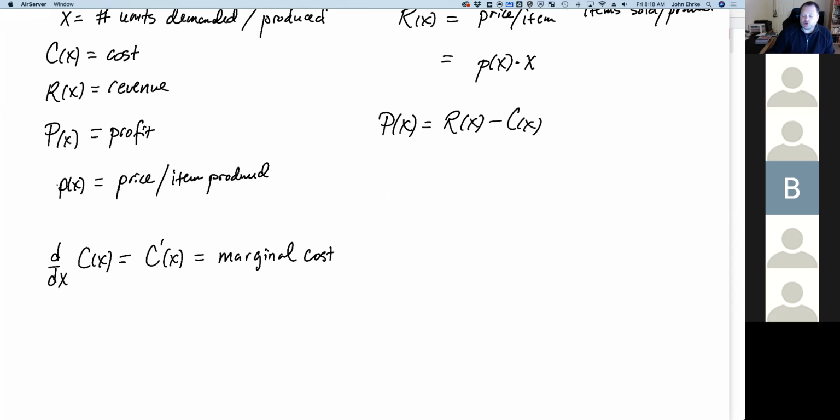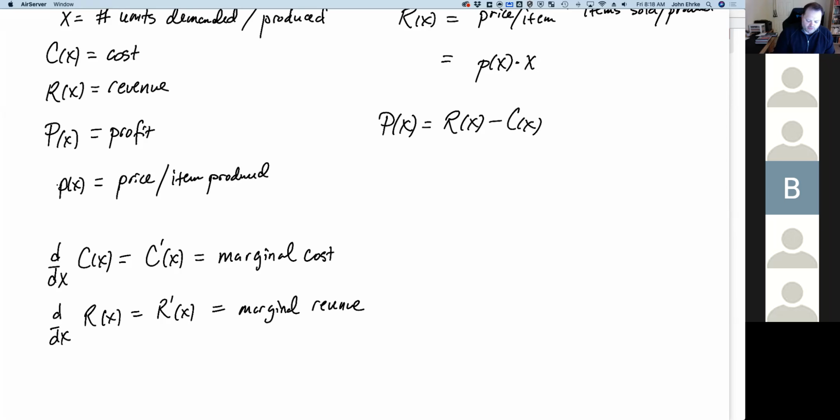That's not to say we couldn't do a problem where the cost of something did depend on time. That's perfectly valid and actually happens in the real world. But more often than not, quantities like cost, revenue, profit depend on production values or demand values. They don't necessarily depend on time. And so the derivative here is something called the marginal cost. If you take the derivative of any of these quantities, the derivative of revenue, R prime of X would be marginal revenue.